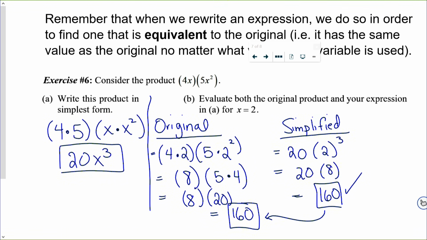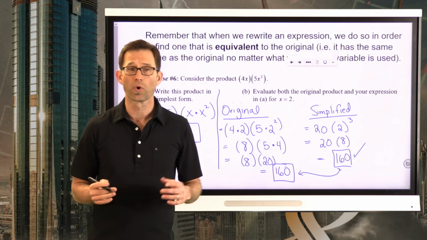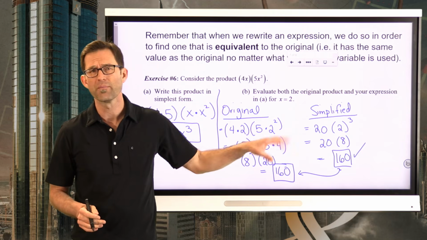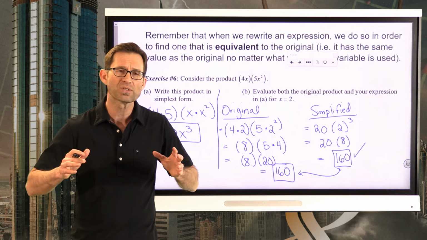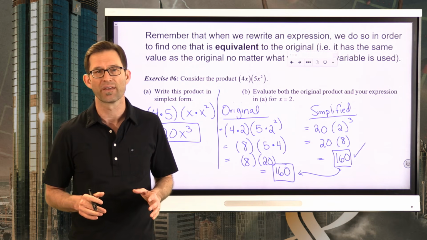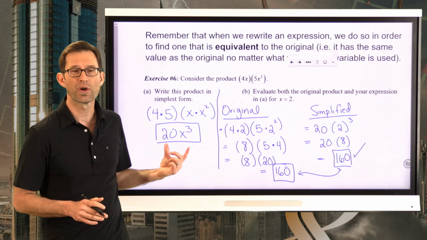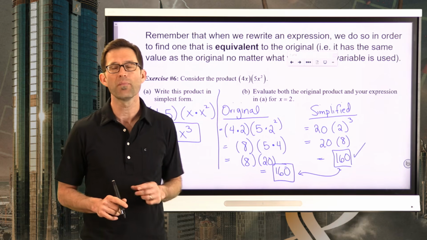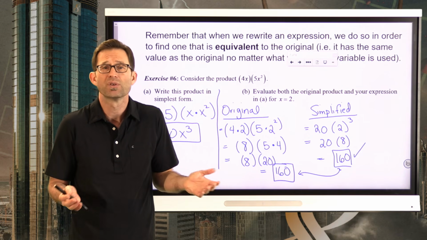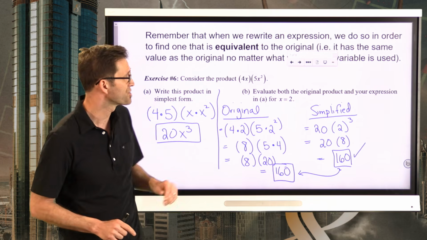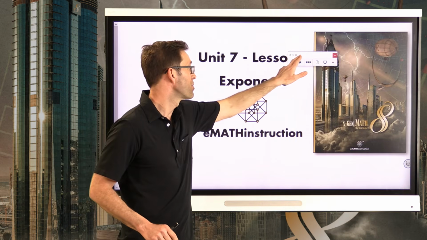Again, if these two came out different, then you would know that either the two expressions weren't equivalent, or maybe we had made a mistake in our evaluation. But either way, the point of almost every algebraic manipulation like this is to produce an expression that is simpler than the one that we began with for some purpose, whatever that purpose is, which you'll get to in further courses.